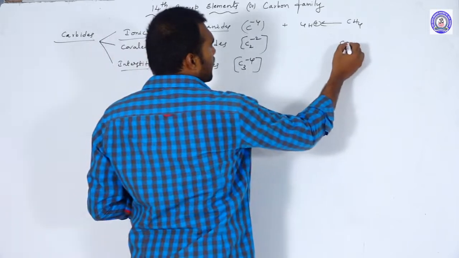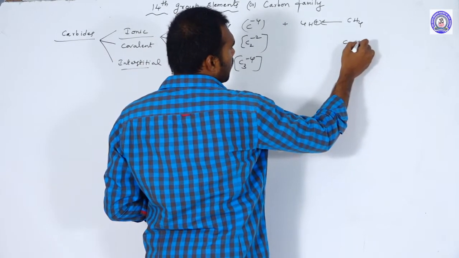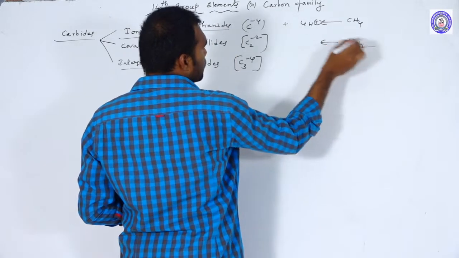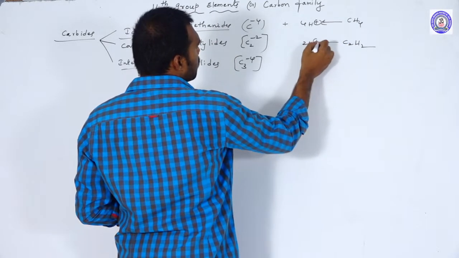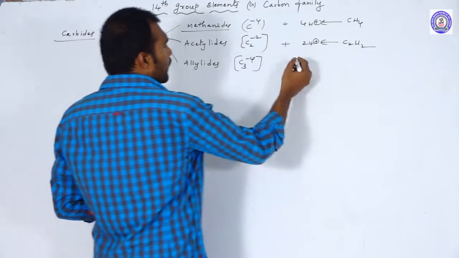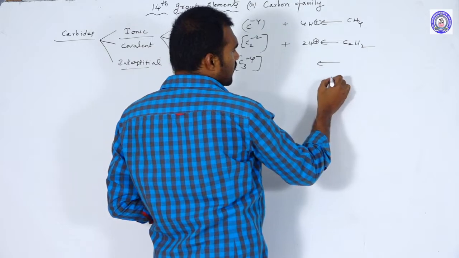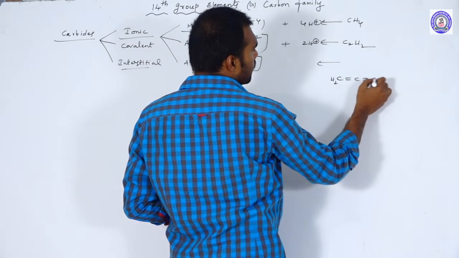Next, take acetylene, CH triple bond CH, that is C2H2, and remove these 2 hydrogens. What remains is C2 minus 2. Now take allene, whose structure is CH2 double bond C double bond CH2.